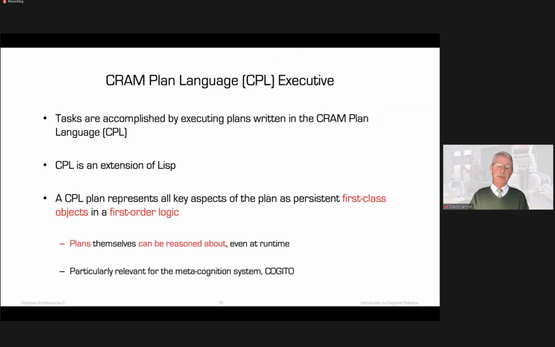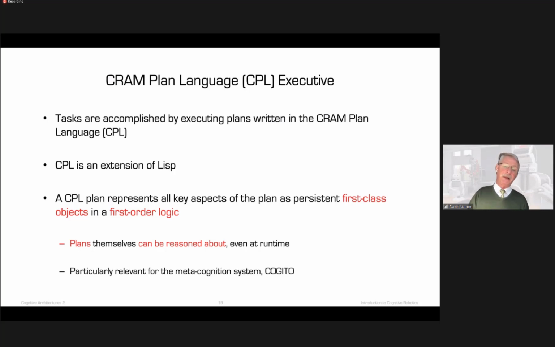So tasks are accomplished by executing plans written in CPL. And CPL is an extension of Lisp. So a CPL plan, because of that, represents all of the aspects of the plan effectively as first-class objects in a first-order logic, by virtue of the fact that CPL is an extension of Lisp.